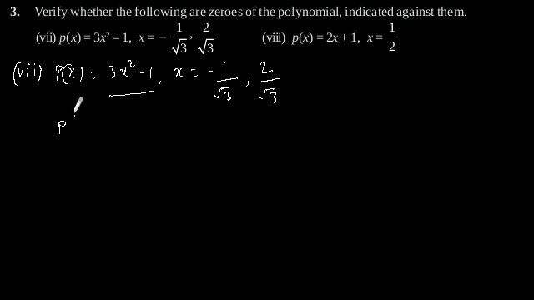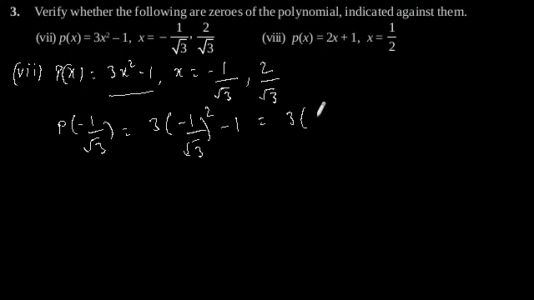So p(minus 1 upon root 3) is equal to 3 into (minus 1 upon root 3) whole to the power 2 minus 1. This is equal to 3 into 1 by 3 minus 1, which is 1 minus 1 is equal to 0.